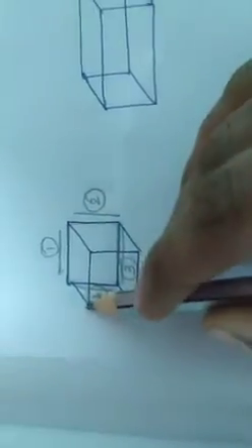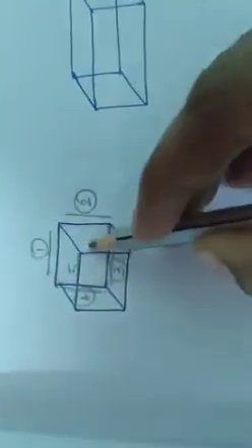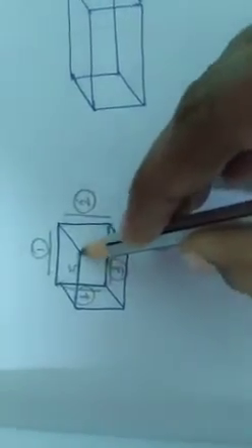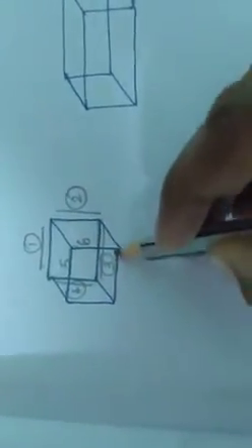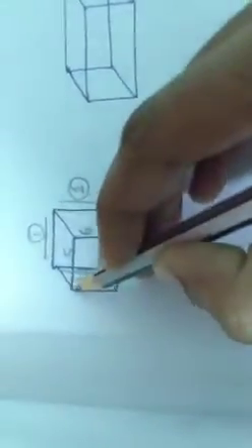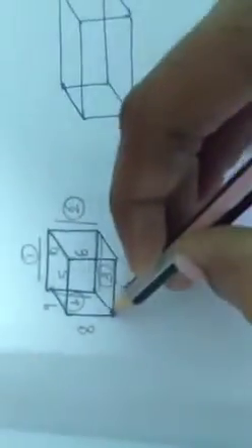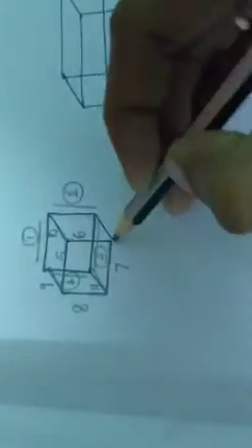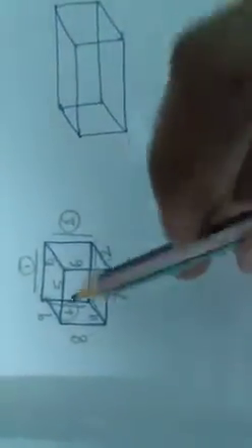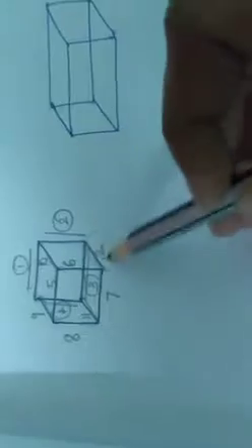Same like that here, 5, 6, 7, and this is 8. And here 9, 10, 11, 12. So totally how many lines, that is how many edges? Very good, 12. So write here 12.